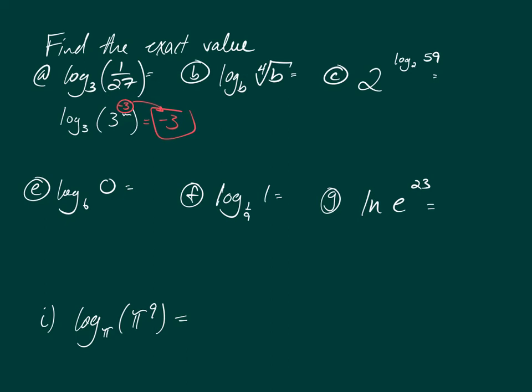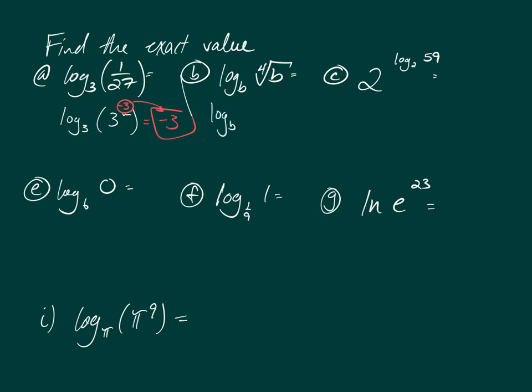Now for part B, you can see log base b of the 4th root of b. And that's great and everything, but what the heck is the 4th root of b? What does that mean? Well, we have the same base. This is b and this is b, right? The base of the argument is b, base of the log is b. What's the exponent here in the argument? Well, I don't know, but I can try rewriting this.